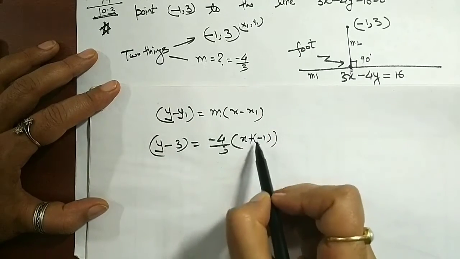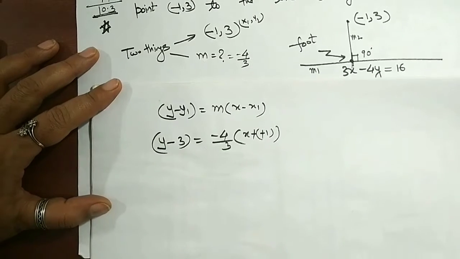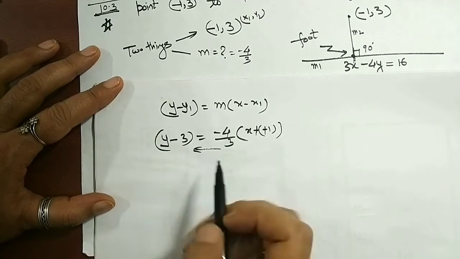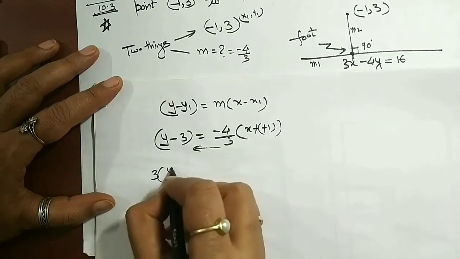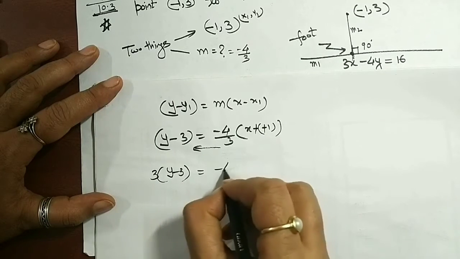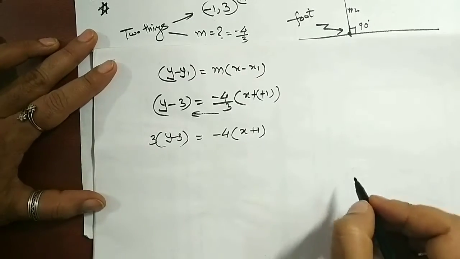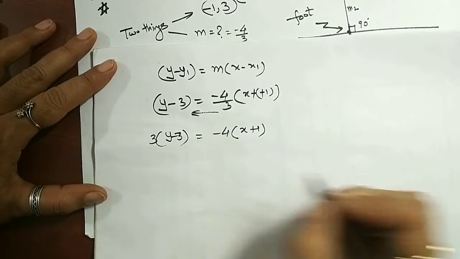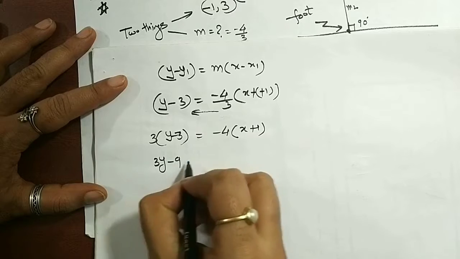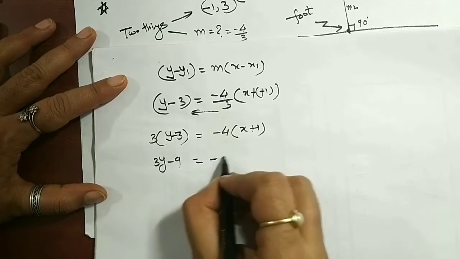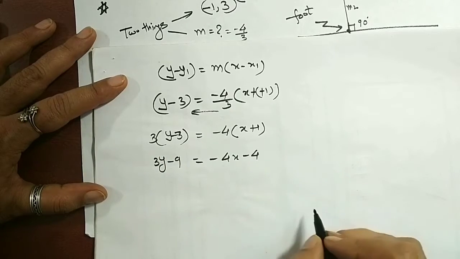This one. So minus and minus will become plus. Let me simplify. This 3 will go there. This will become 3 into y minus 3 is equal to minus 4 into x plus 1. And what will it become, guys? 3y minus 9, 3 3s are 9, is equal to minus 4x minus 4.